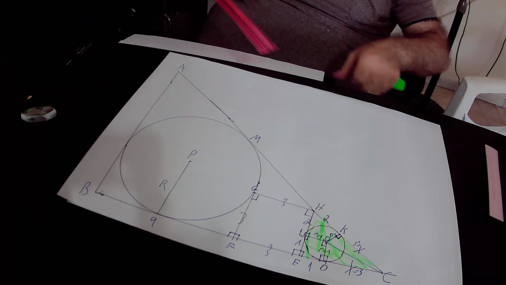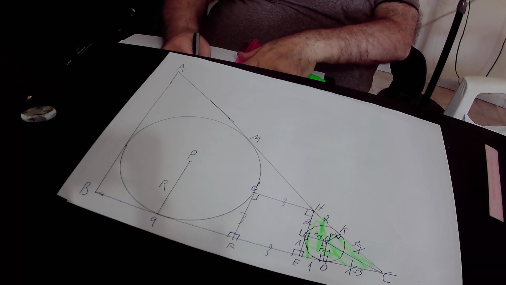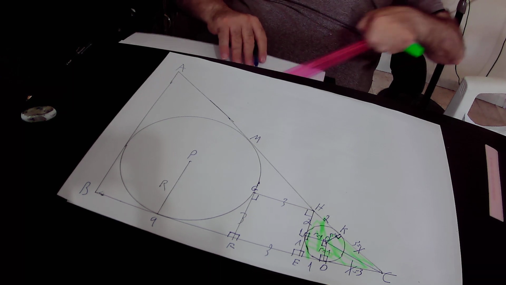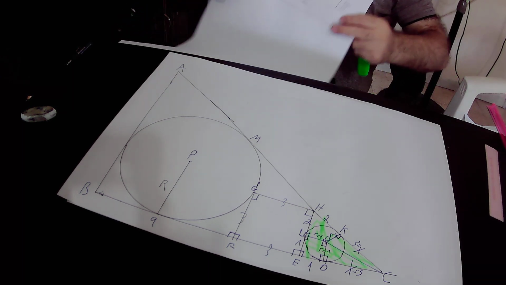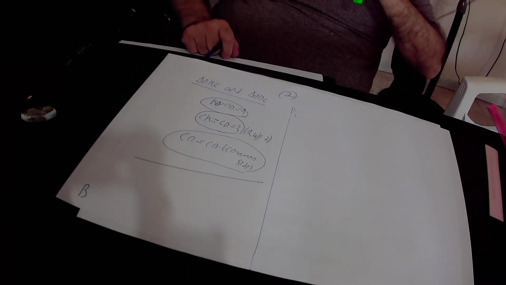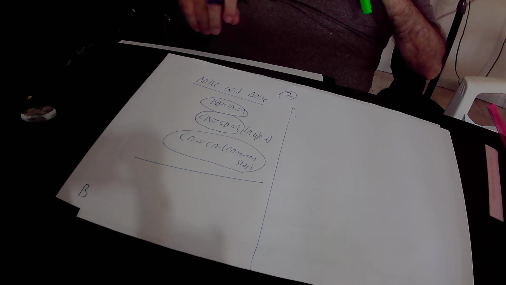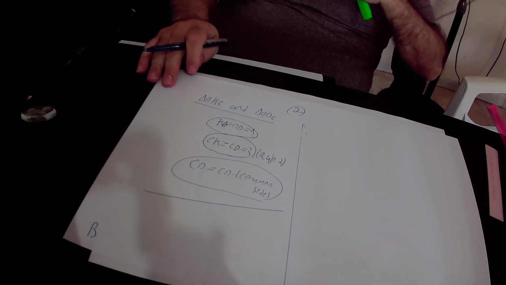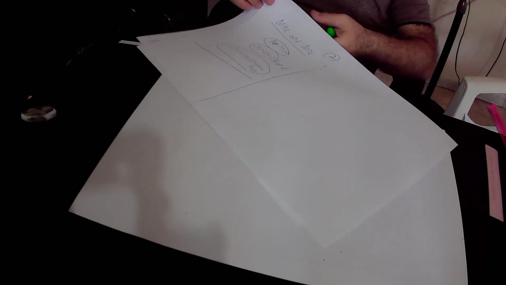So we actually prove that the two green small right triangles are congruent according to the side rule. And so I write it down.